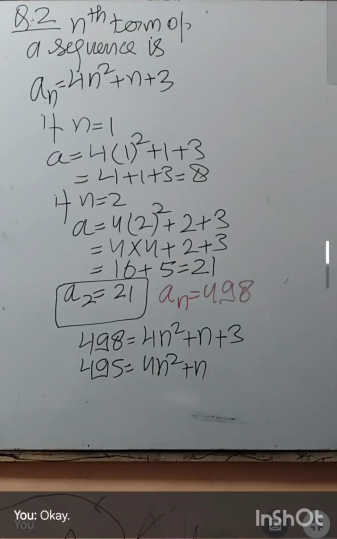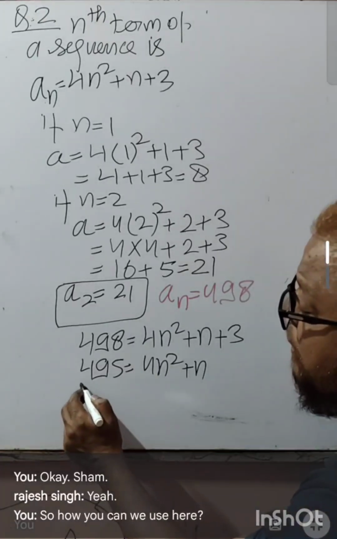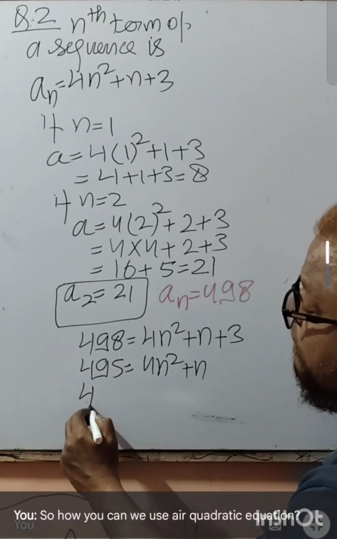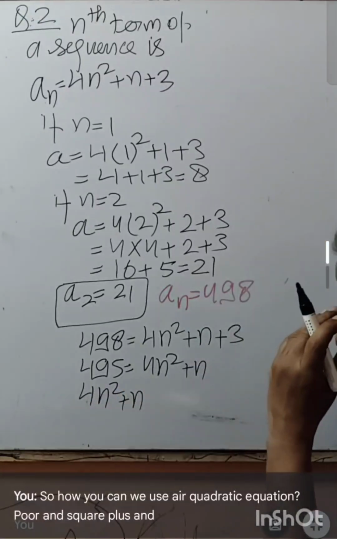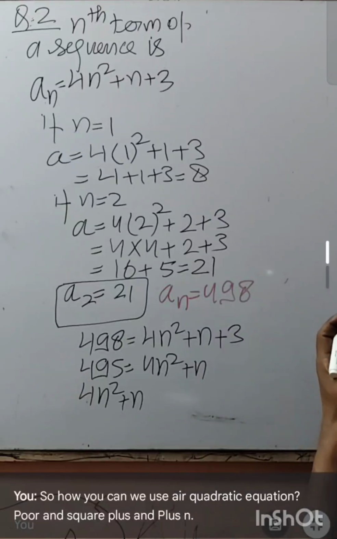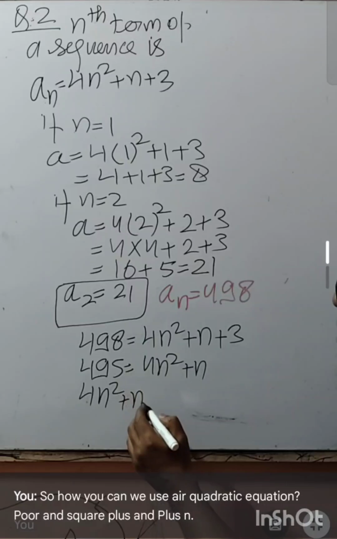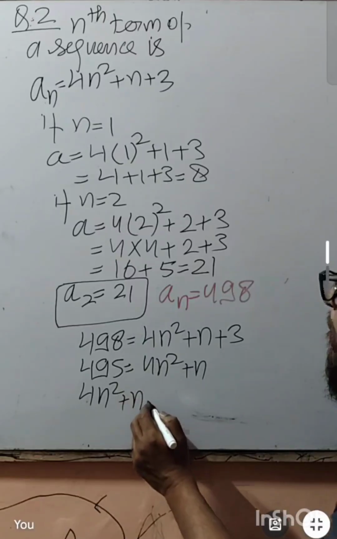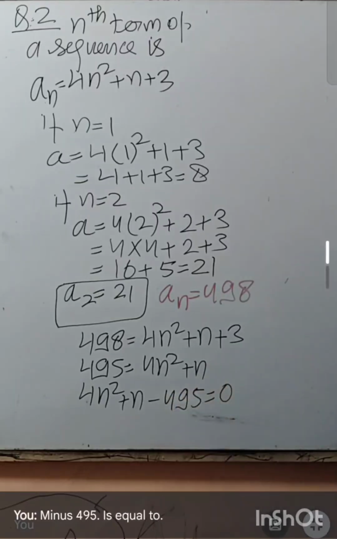Okay, Shreya. So how can we use here quadratic equation? 4n squared plus n minus 495 is equal to 0, right?